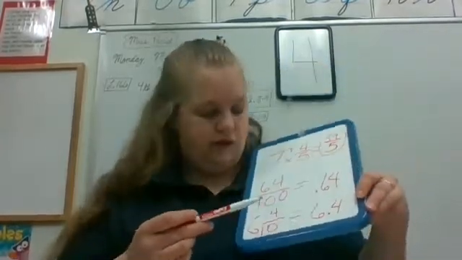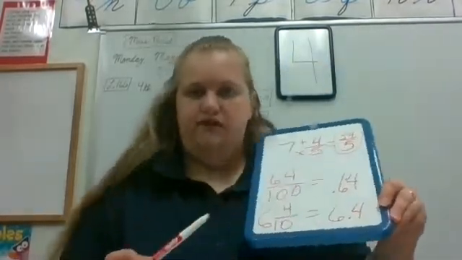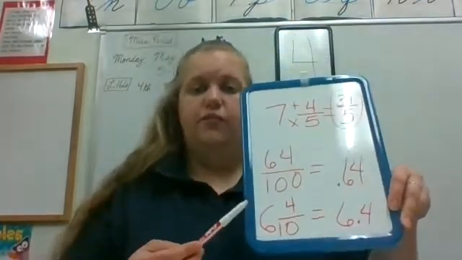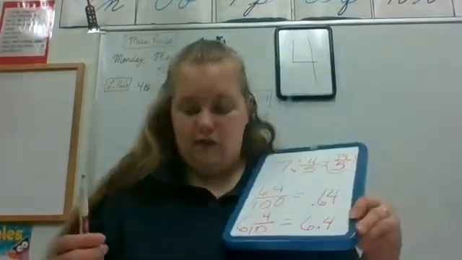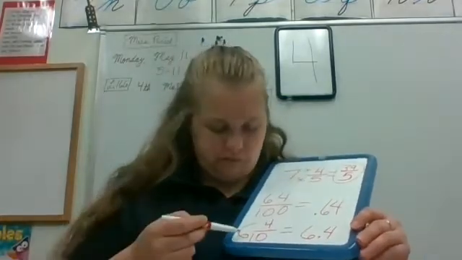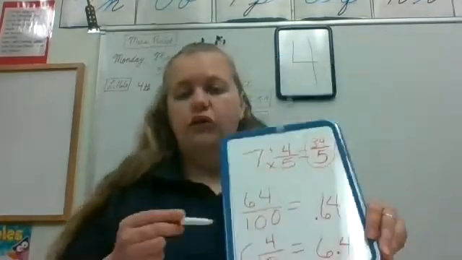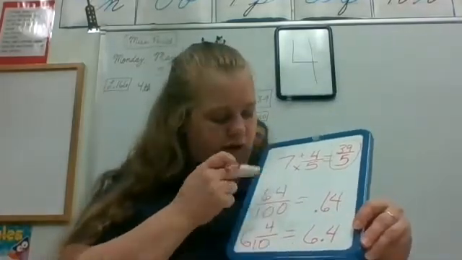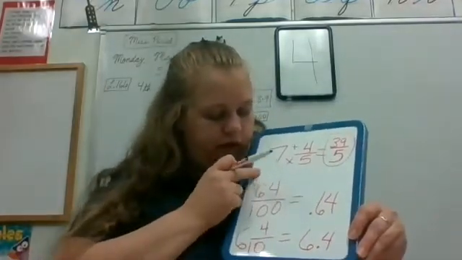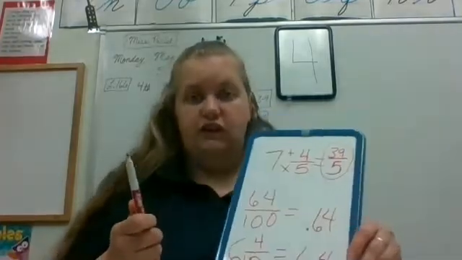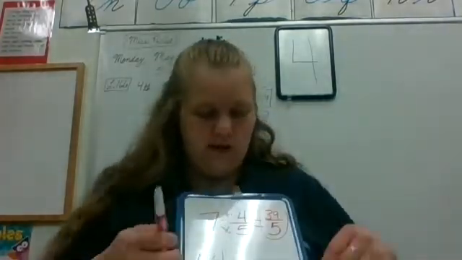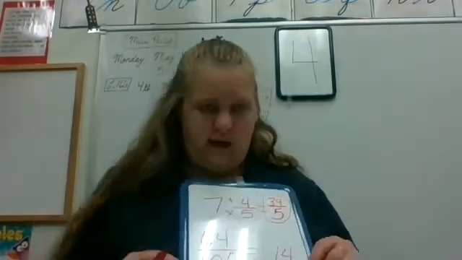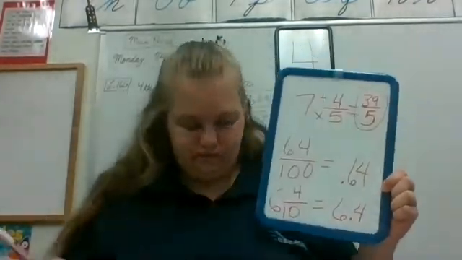And so 6.4 is another way of writing this improper fraction or mixed number. So that's what you do. If there's a whole number, you put it in front of the decimal, and then you put your fraction past the decimal, with as many digits as zeros as you have, okay?